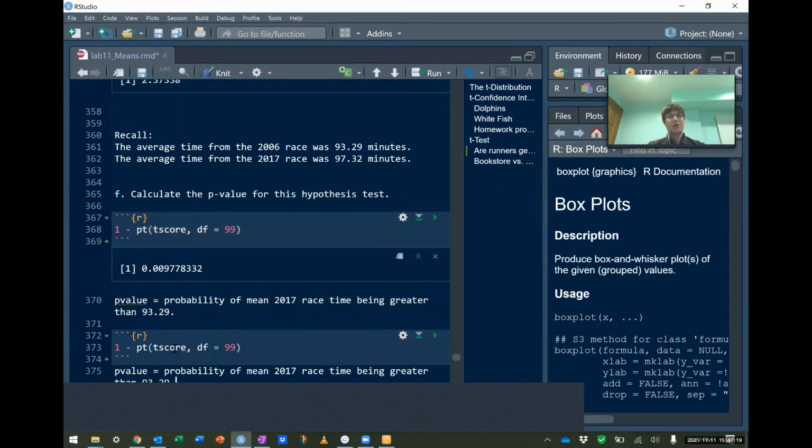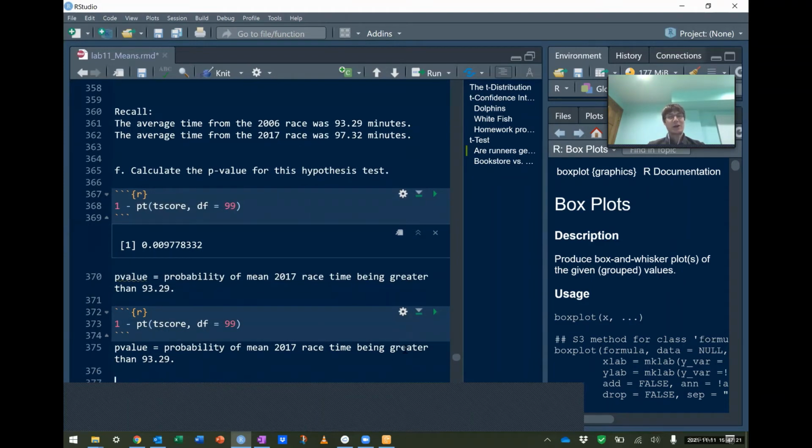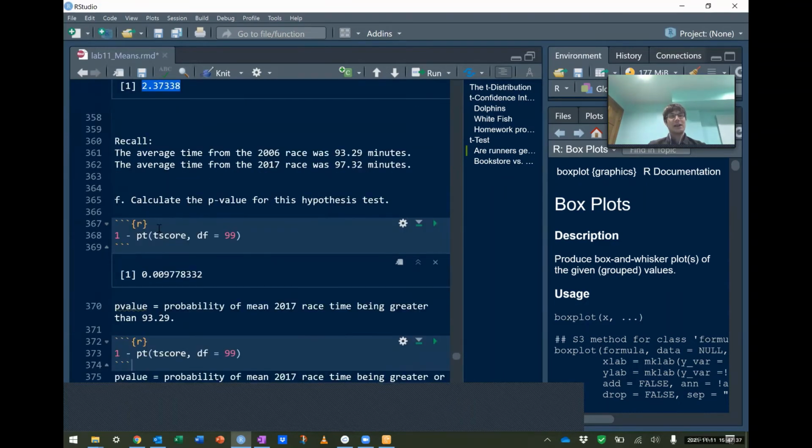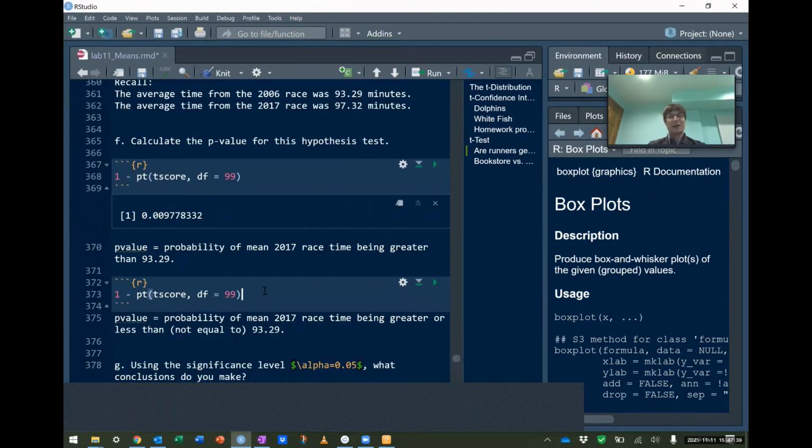But if you remember, our alternate hypothesis was not just greater, it was greater or less than, just not equal to. So when that's the case, we're looking at the probability of being this far away from the mean. And you remember we did that by doubling our probability, adding the probability of being greater than that far or less than what would be negative that far.